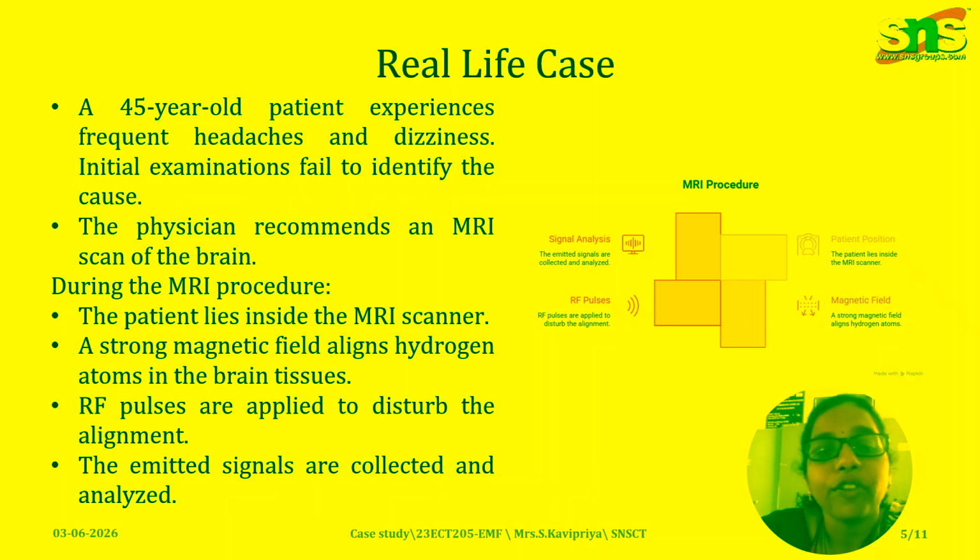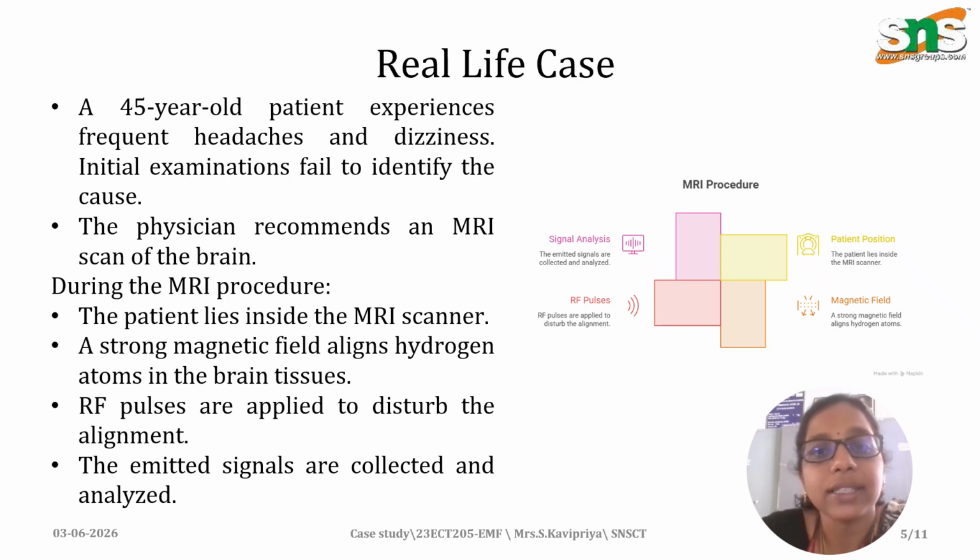First, the patient lies inside the MRI scanner and a strong magnetic field is produced, which aligns hydrogen atoms in the brain or tissues. Third, RF pulses are applied to disturb this alignment. The emitted signals are collected and analyzed. So this is the process behind this MRI.